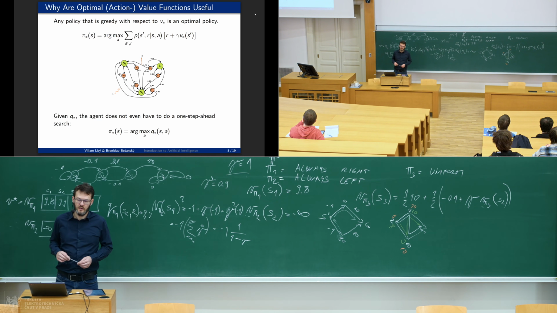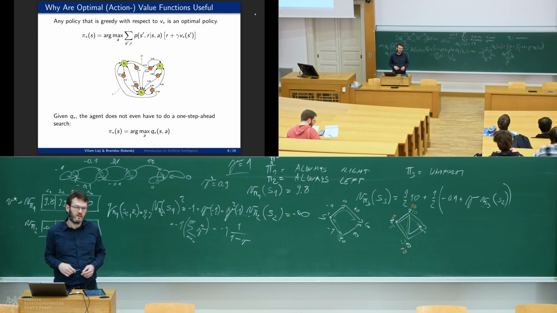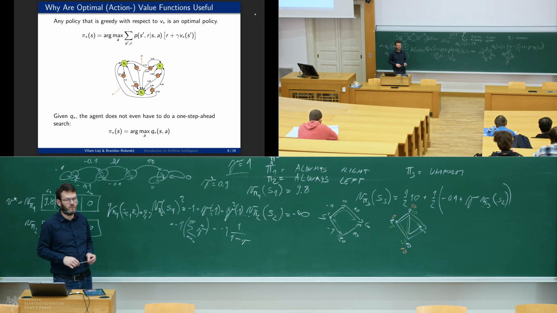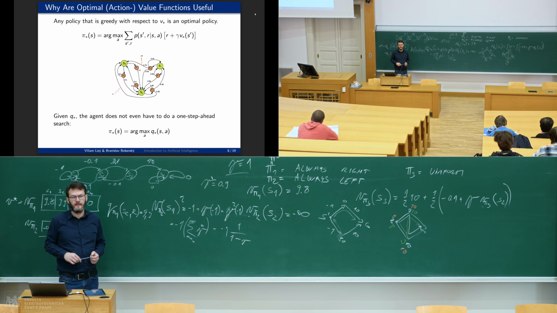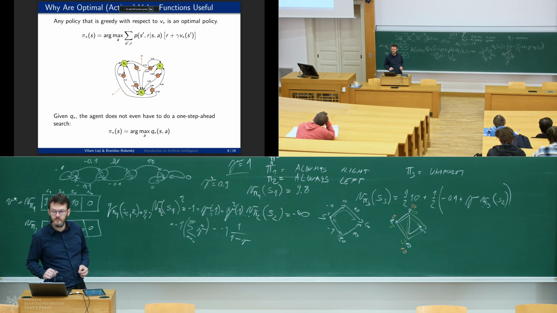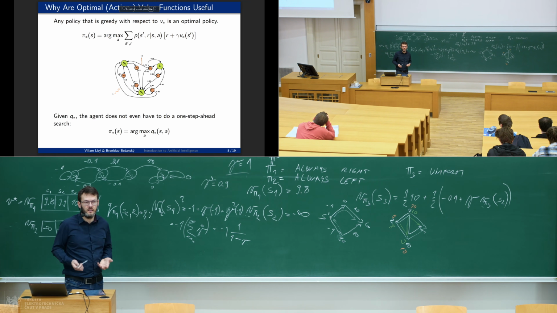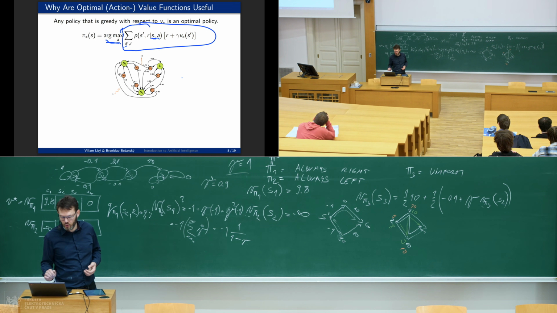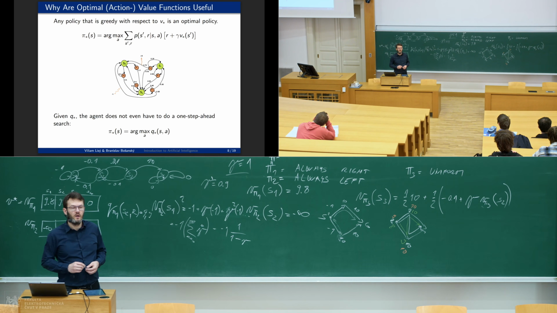But it has another huge advantage, not only that you can save some computation, but there is a very fundamental difference why in many cases you can use the Q function, but it's very difficult to use the V function. And that's exactly the known dynamics, right? We are assuming here for this lecture that we know this probability distribution, but in reality, this is exactly what you will not know. In reinforcement learning, you want to learn a good policy even though you don't know the dynamics.